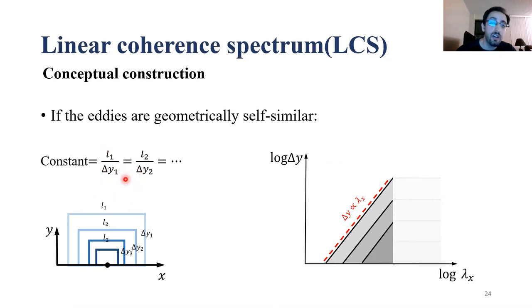So if all the eddies are geometrically self-similar, meaning that L1 to delta Y1 is equal to L2 to delta Y2, etc., is a constant, we can show that the isocontours on the linear coherence spectrogram are parallel to the lines that show proportionality between delta Y and wavelength, the height of the eddies to the wavelength of the eddies.